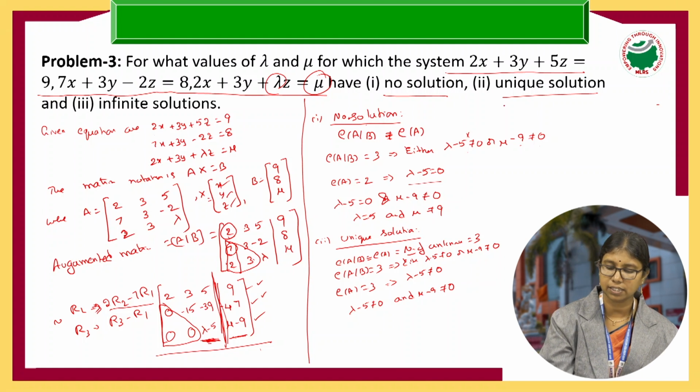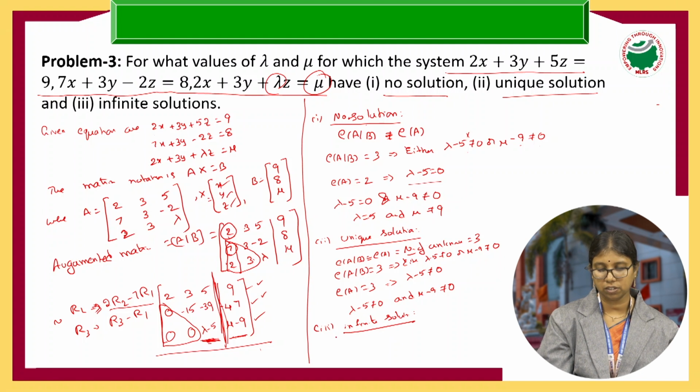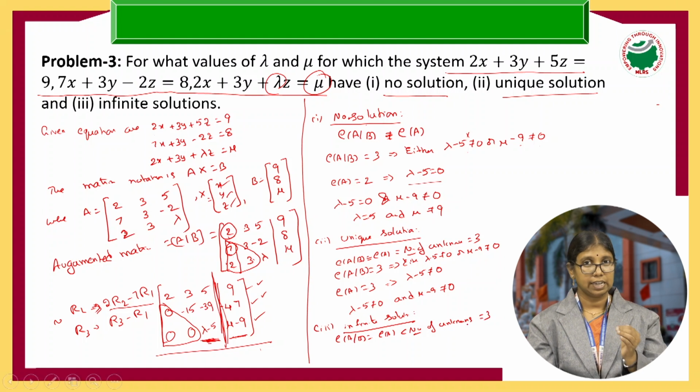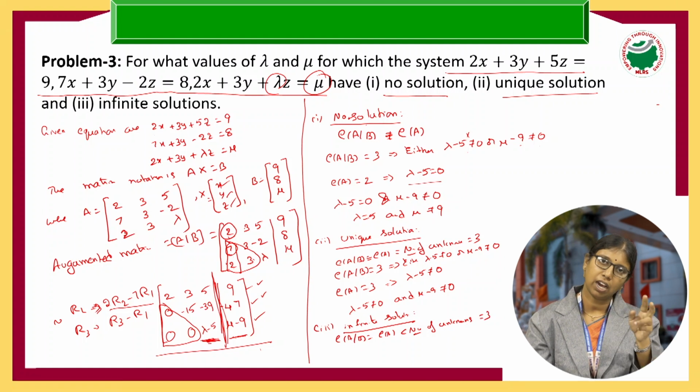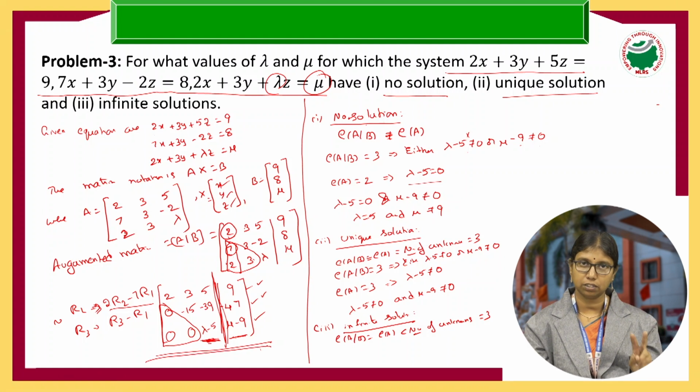The other case is infinite solutions. So infinite solutions means what is the condition? Rank of A given B equal to rank of A is less than the number of unknowns. So here we have 3 unknowns. Less than 3 means either 1 or 2. But what is the minimum possible rank for this augmented matrix? 2.